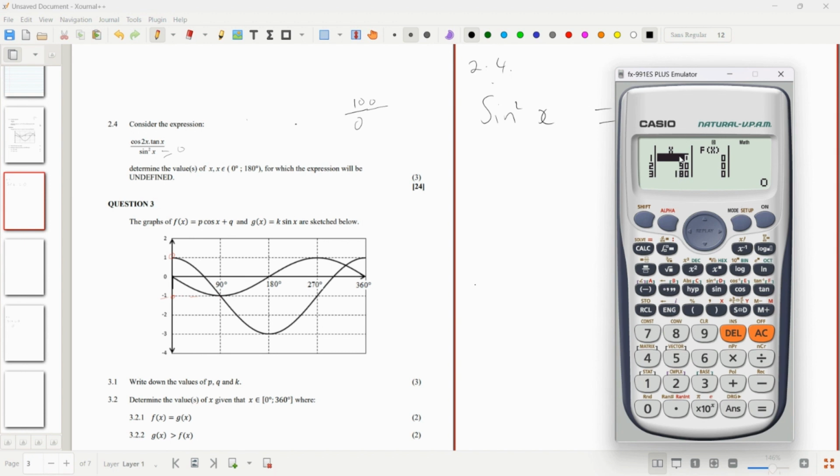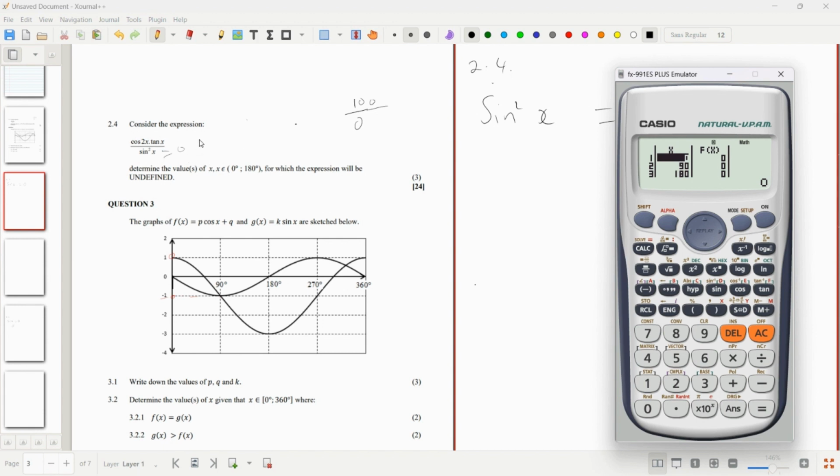You can see your values for x for which this function will equal 0. The first value of x is 0. The second value for x is 90. The third value of x is 180, for which this function will be equal to 0. Remember, if this function is equal to 0, it means that the numerator will be divided by 0.